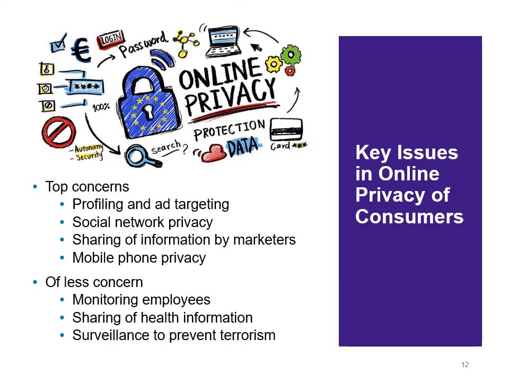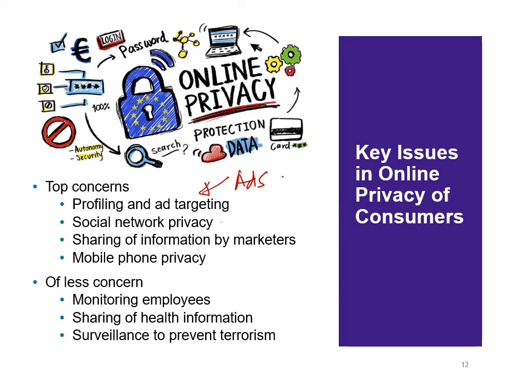Okay, so what are the top concerns, the key issues in online privacy of consumers? What do consumers actually worry about? Their top concerns are profiling and ad targeting. Why? Like I just mentioned, one bank sells personal data to another bank, and the other bank uses it for advertising purposes.